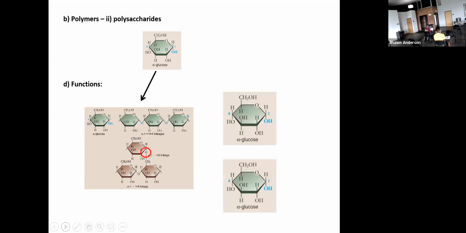So let's just take a quick look and see what an alpha 1,6 looks like. So here's our bond. If you were asked to identify the glycosidic bond, it's the little oxygen here. All right? And I'm not even going to ask you what kind of reaction leads to this bond because you know it.